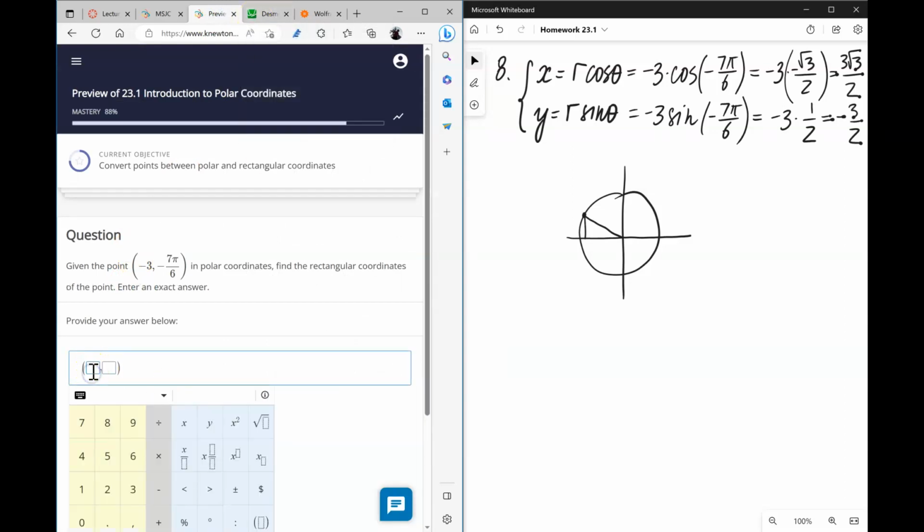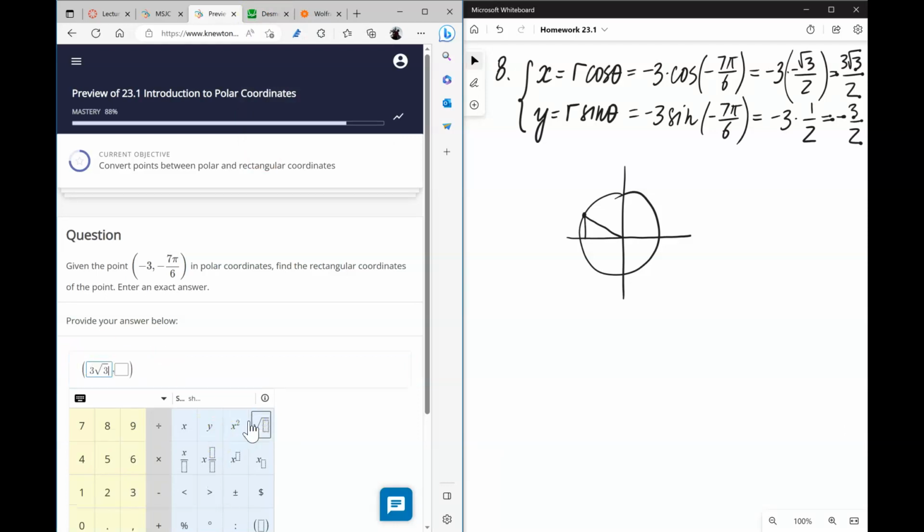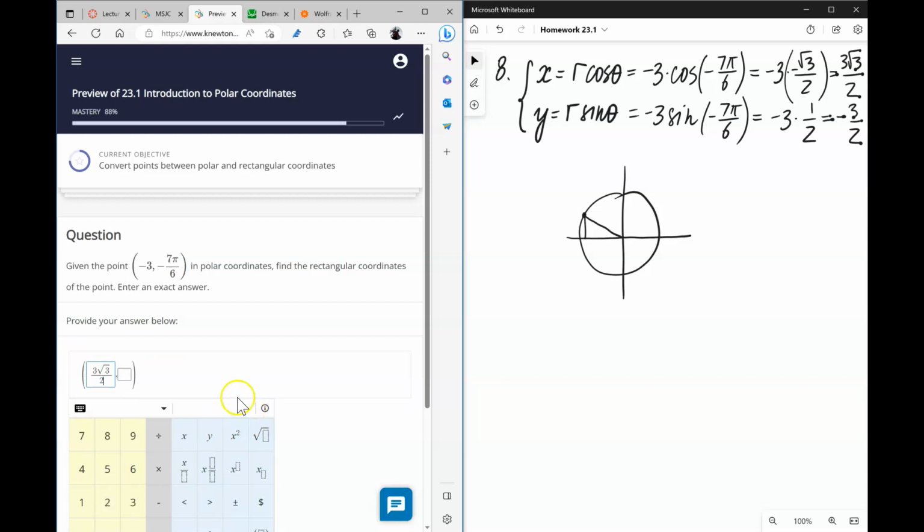Right, so this is good. So 3 square root of 3 over 2.